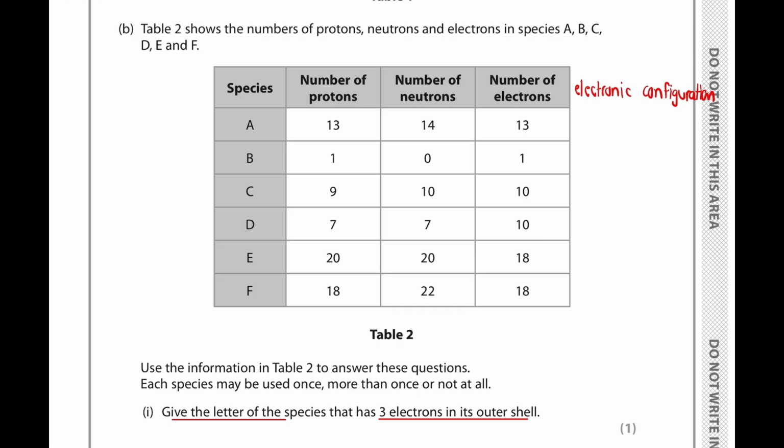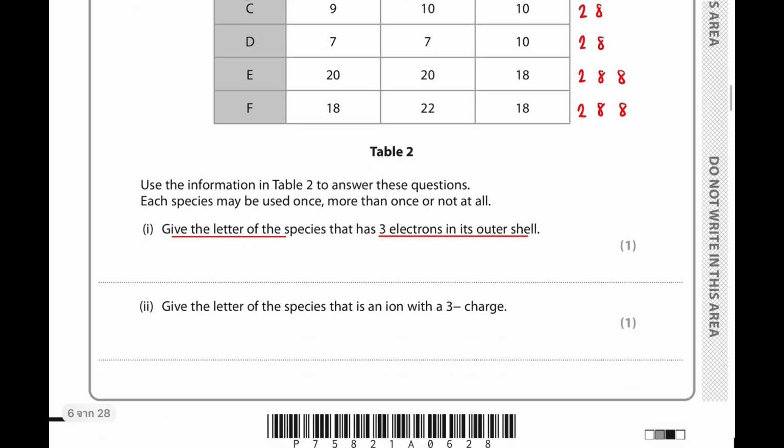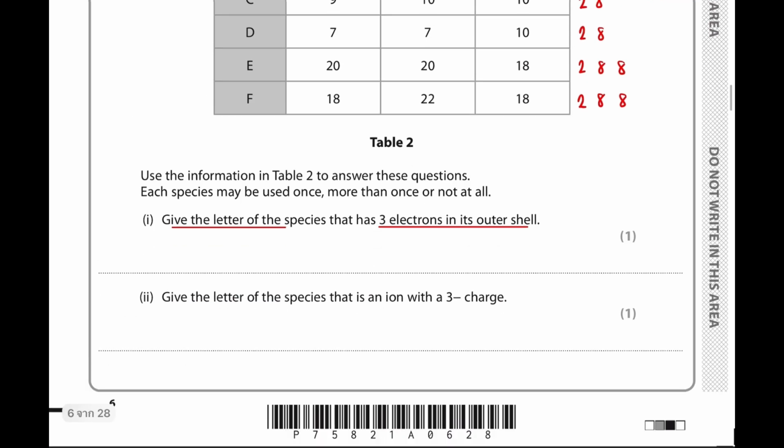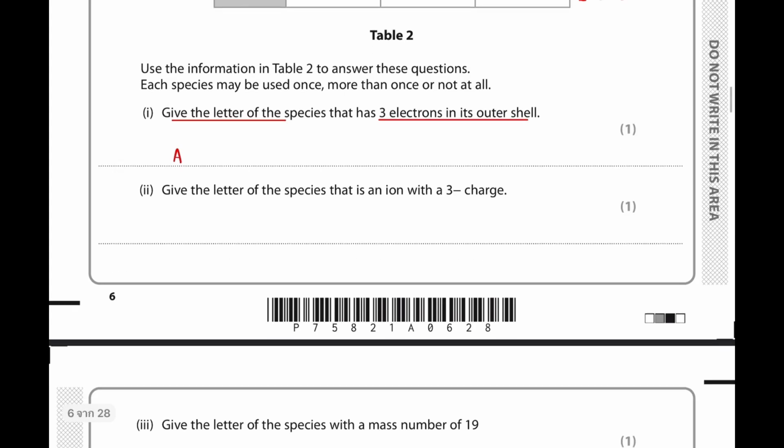Starting with A, it has 13 electrons, so electronic configuration is 2,8,3. Therefore species A has 3 outer shell electrons. So the answer is A.